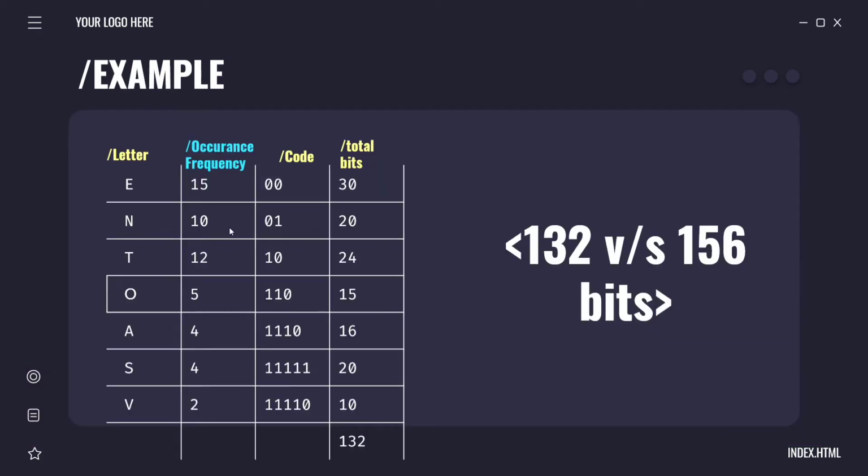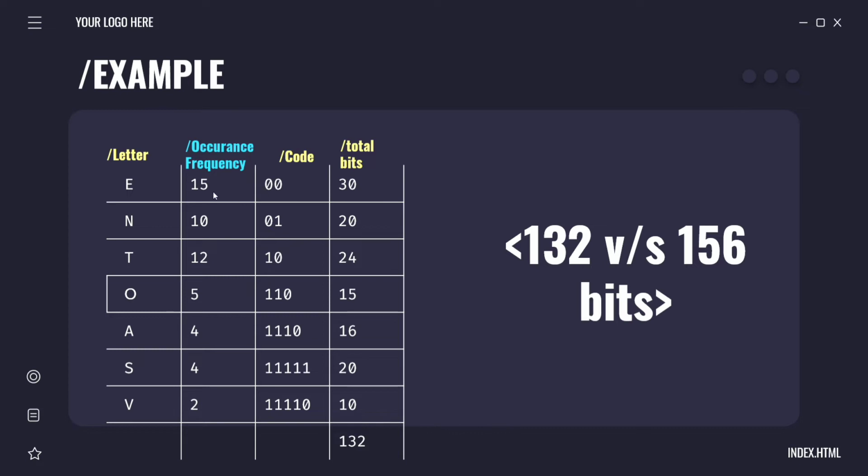So if you apply the Huffman coding algorithm, our table would change to something like this. For applying the algorithm, what we would basically do is sort the frequency of occurrence of all the letters, and for the values that have higher frequencies, the code that is assigned to it must have the least length.